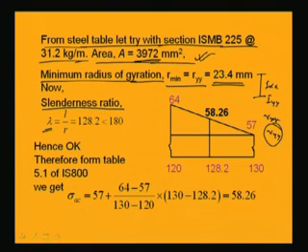Now, the maximum slenderness ratio lambda will become L by R minimum. L is given as 3 meters and R minimum is 23.4 mm. So, the ratio L by R will become 128.2, which is less than 180.